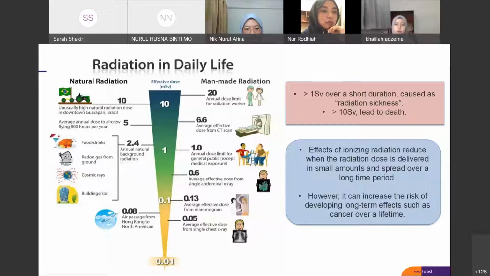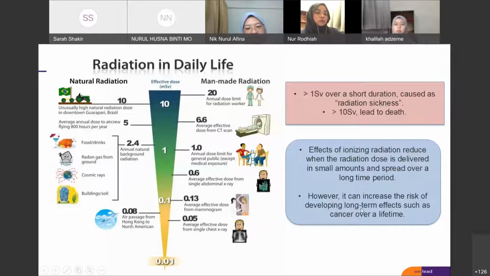Scientific studies show that the damaging effect of ionizing radiation is greatly reduced when the radiation dose is delivered in a small amount and spread over a long time period, due to the greater repairing of damage by the body. However, exposure to a low level of radiation can also increase the risk of developing long-term effects such as cancer over a lifetime.